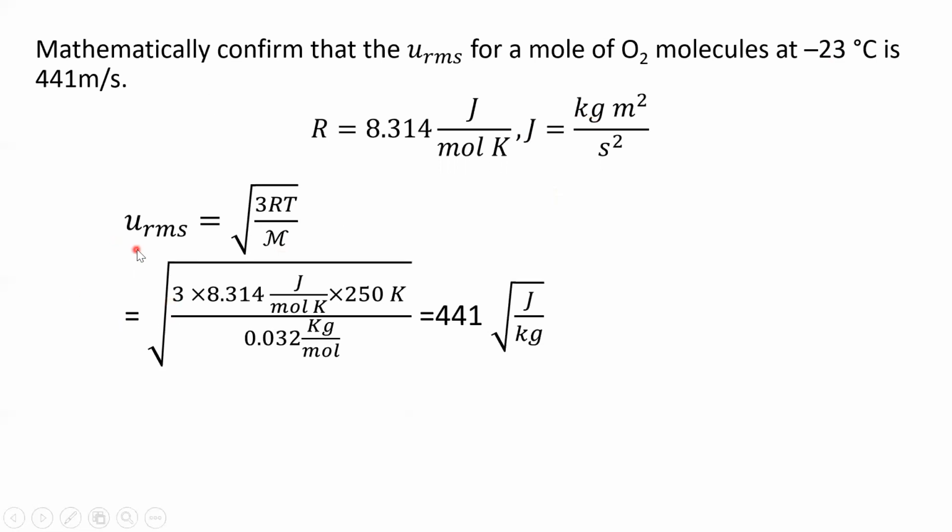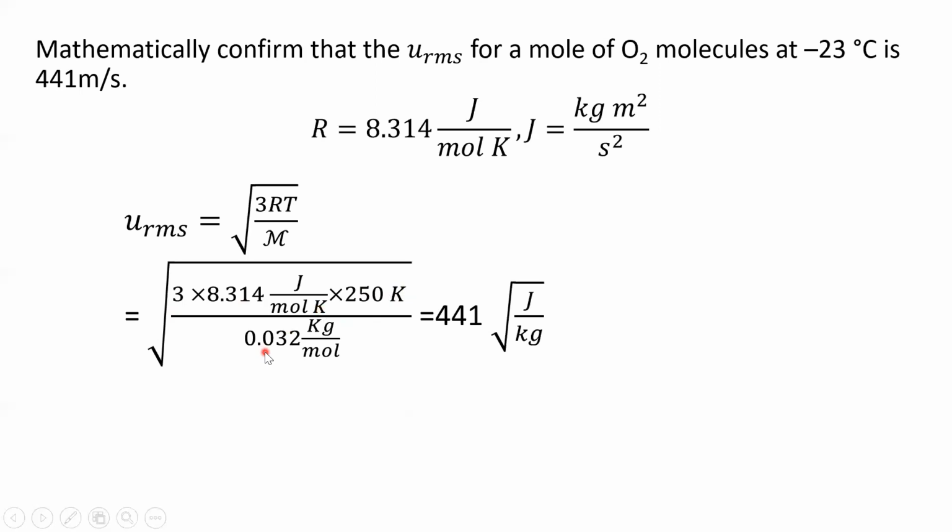The root mean square velocity will equal the square root of 3 times 8.314 joules per mole Kelvin times 273 minus 23. That gives us 250 Kelvin. And we want it in Kelvin so that the units of Kelvin cancel out.